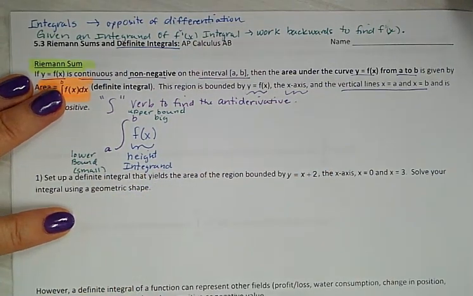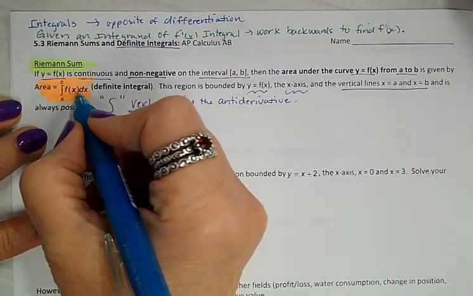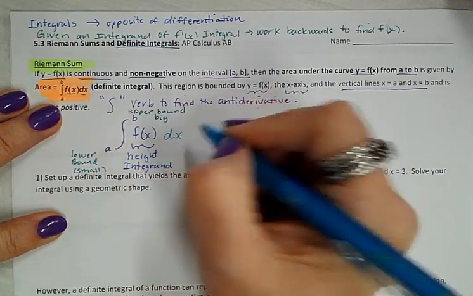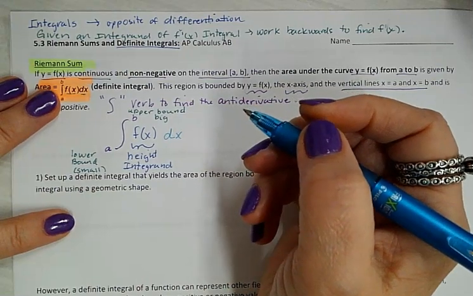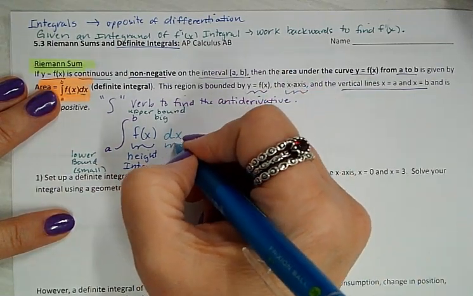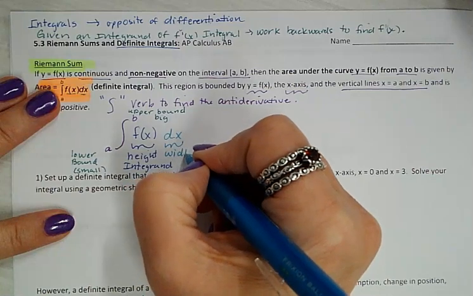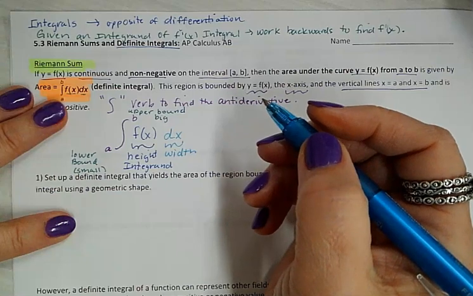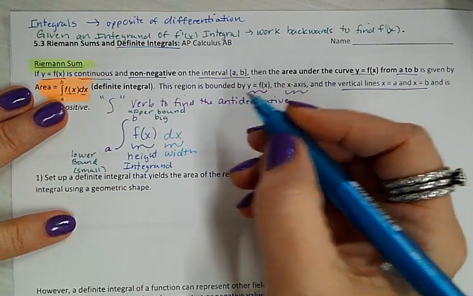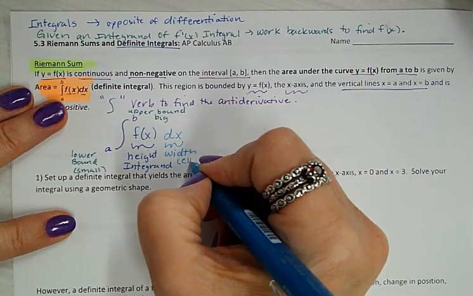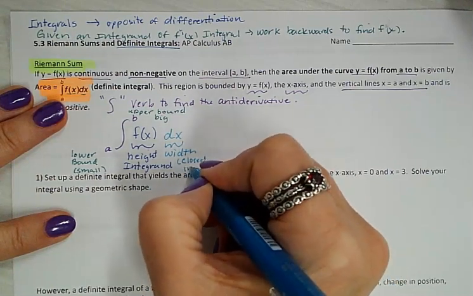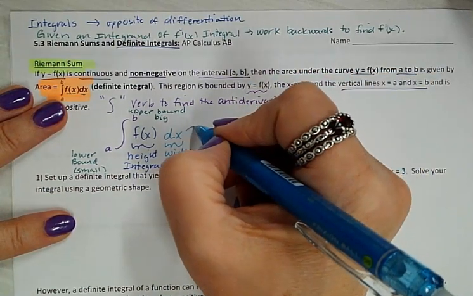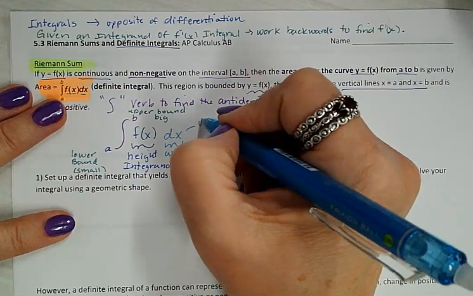Then you see the dx. That dx is the variable of integration, so it's the width. Remember that this is on a closed interval, so that width is going to be on a closed interval.